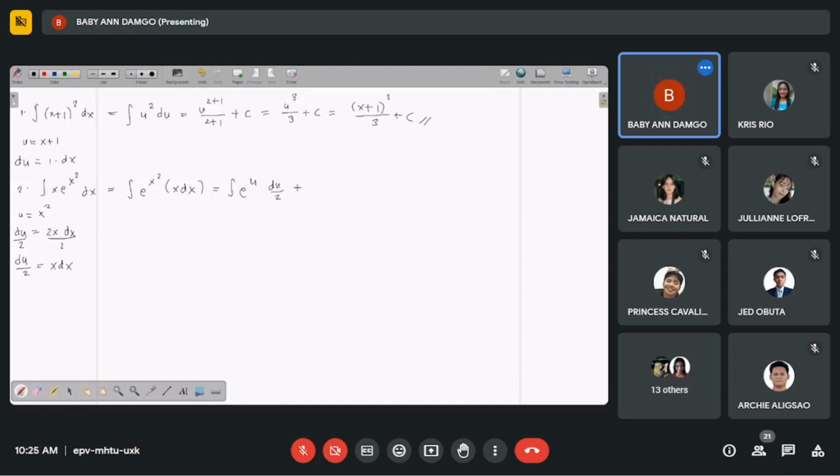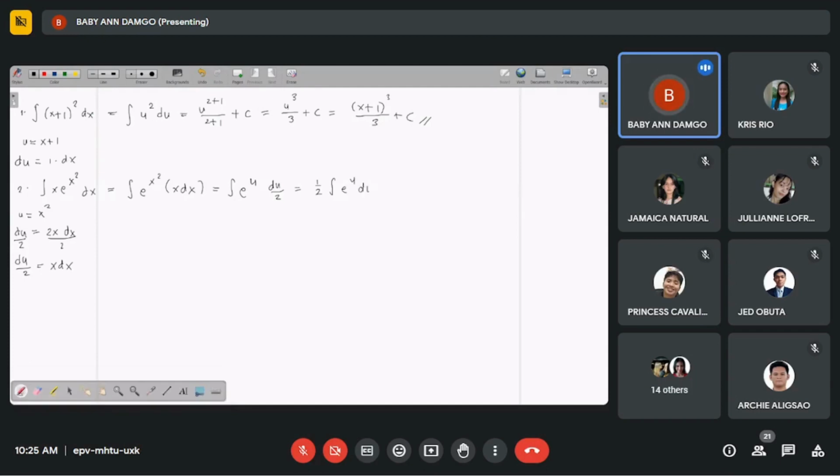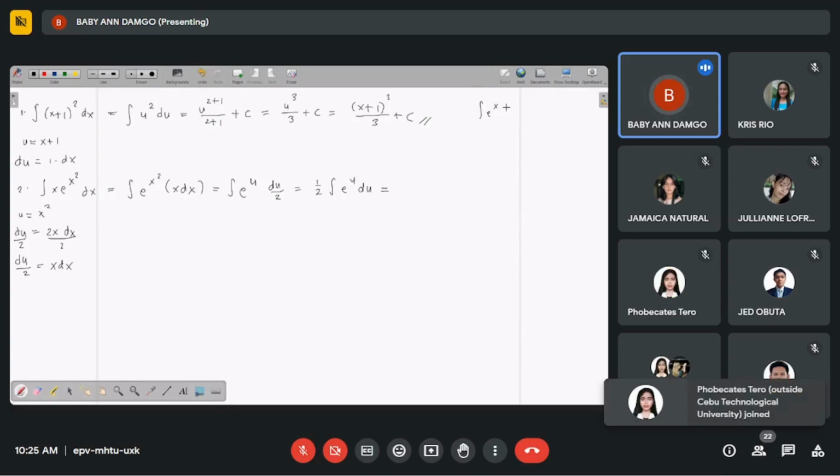Okay? So, apply the property na ang constant is pwede na ito mapagawas sa integral. So, we have 1 half integration of e to the u du, which is the integration of e to the x dx is just equal to e to the x plus c.